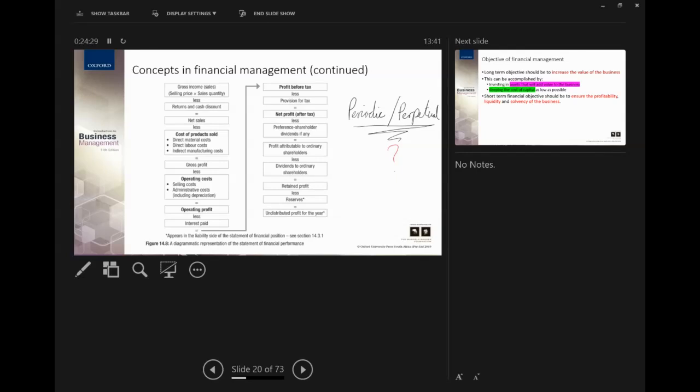Right. So here, we're looking at a breakdown of the flow of your income statement. Okay. So here we can see gross income, which is a result of sales, and this could be sales of services or sales of products. Then less your returns and any cash discounts, which gives you then your net sales. And then less your cost of goods sold. Okay.